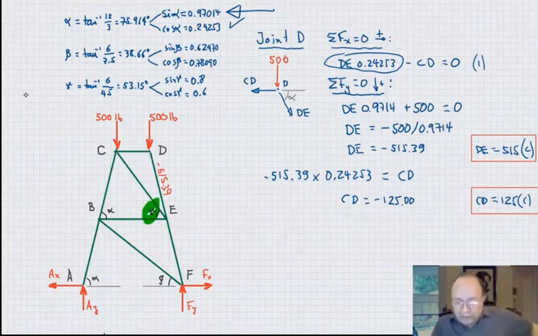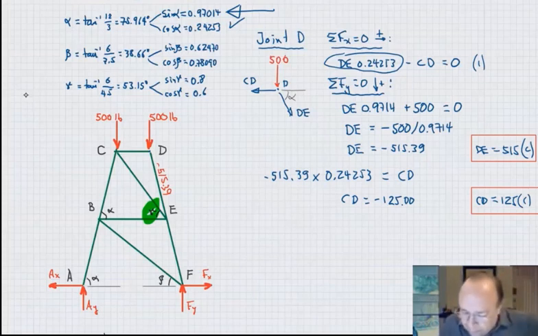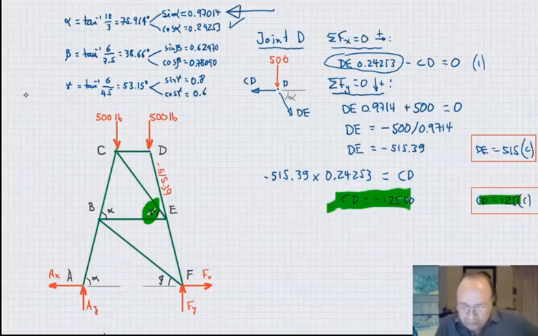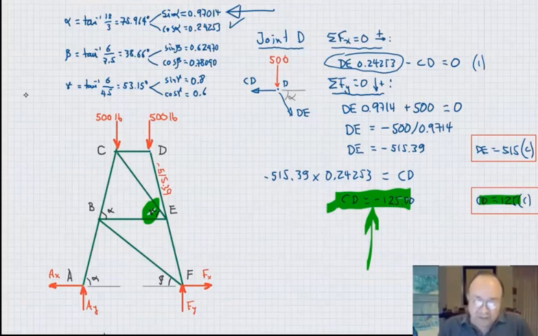Okay. Look at another thing. Here I am not putting the minus sign. The minus sign is the result that I got from my calculations. And that minus sign is telling me that my assumption that CD was in tension is not right. Now I know that it's actually compression.